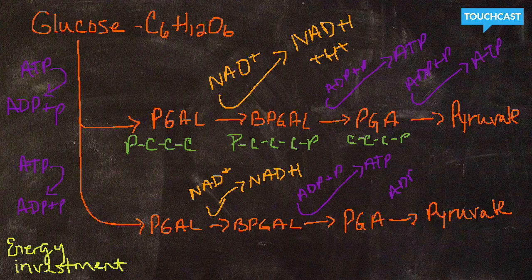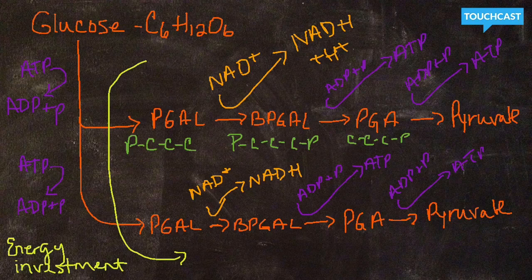So you have ADP plus P being kicked out as another ATP. All right, so that is what we're looking at for glycolysis. So all of this stuff here then is going to be our energy return.